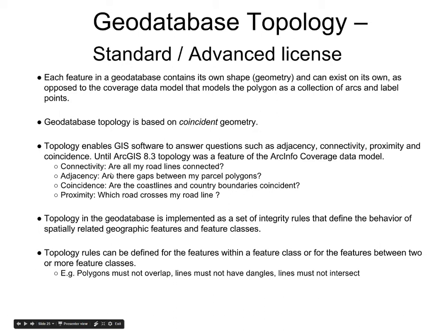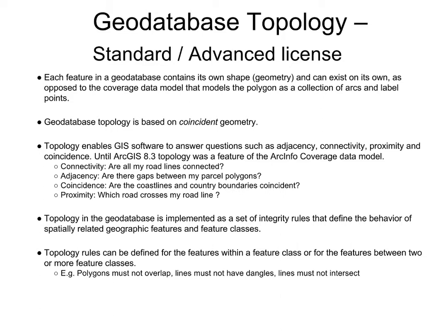So how about geodatabase topology? With geodatabase topology, each feature in a geodatabase contains its own shape and can exist on its own. But the way we model geodatabase topology is that it's based on coincident geometry, and we store feature classes that have some kind of spatial relationship inside of a feature data set.